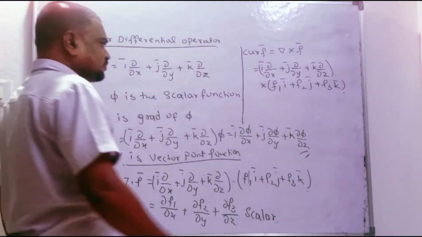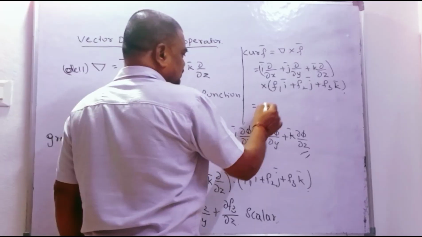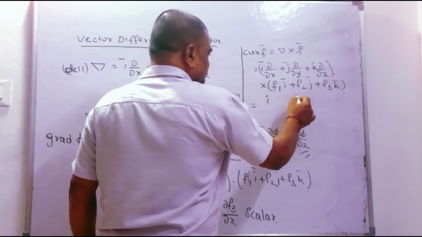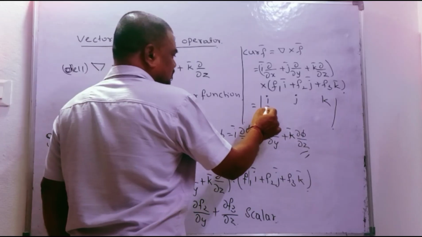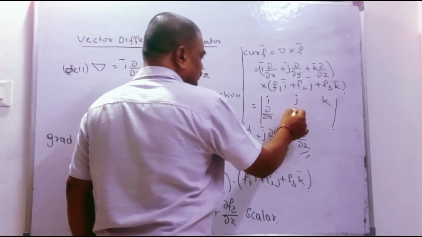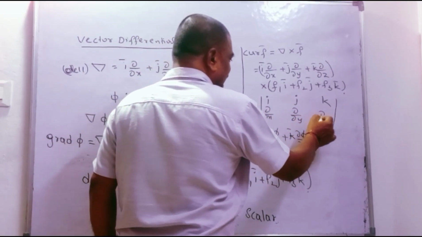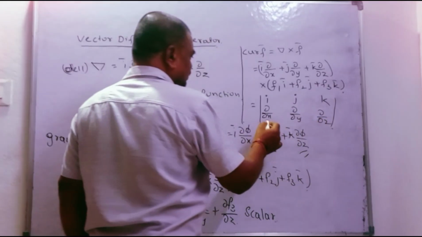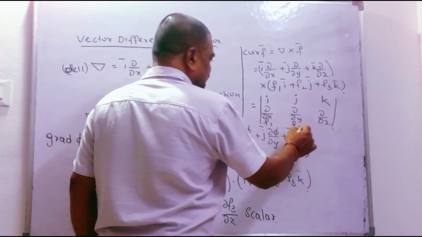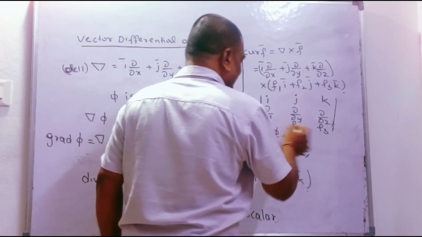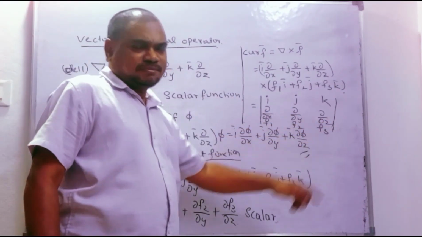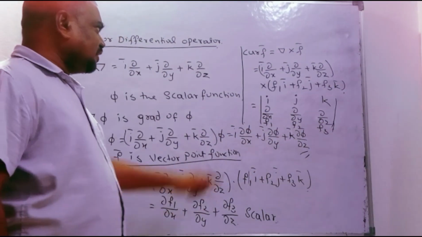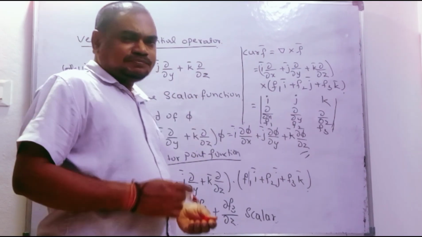How to find this one? Here this is i bar, j bar, k bar, then dou by dou x, dou by dou y, dou by dou z, then f1, f2, f3, like this. Find this determinant, then you will get the curl F bar.